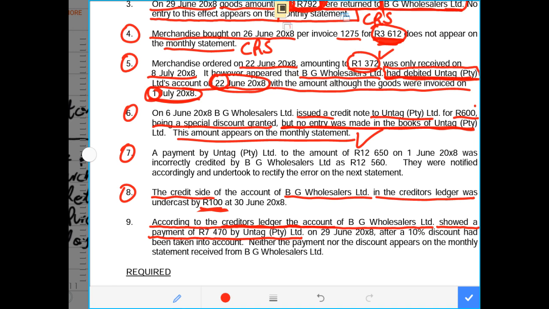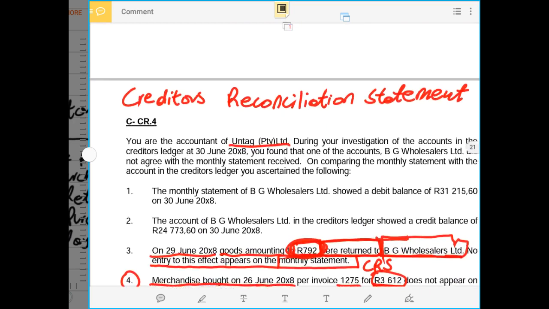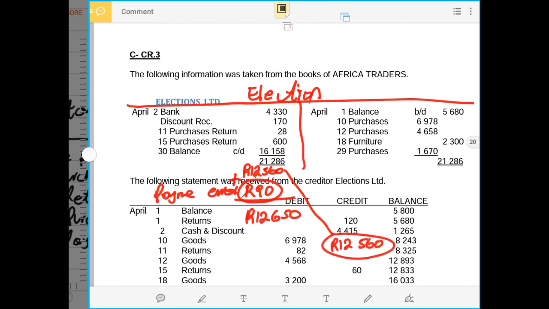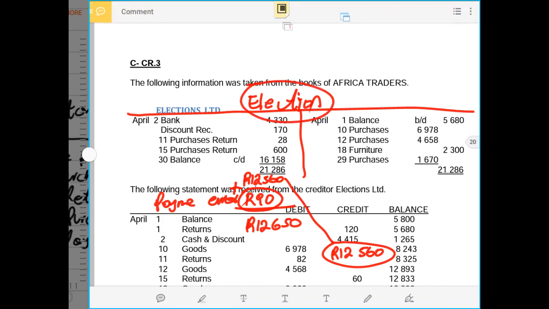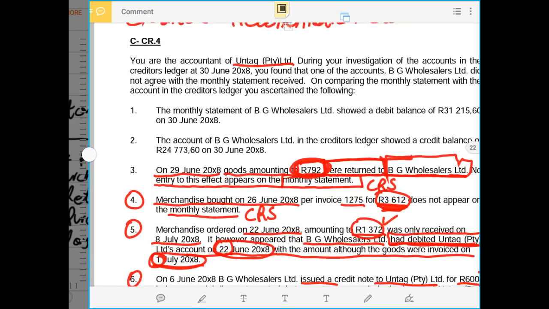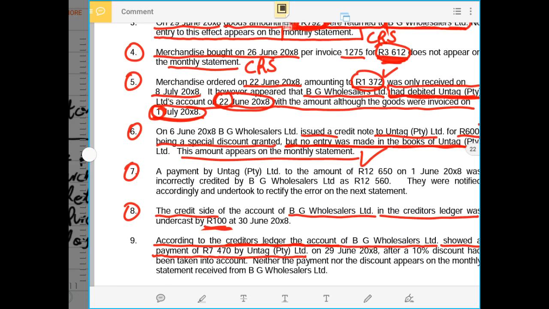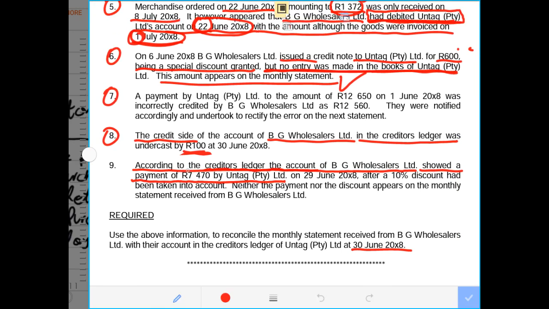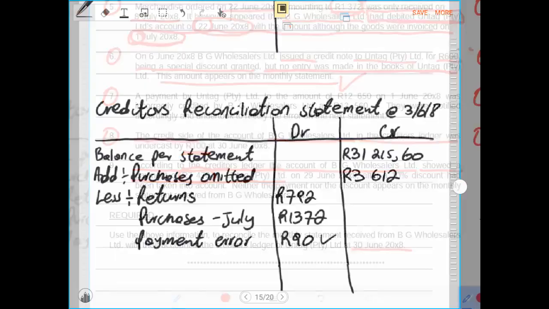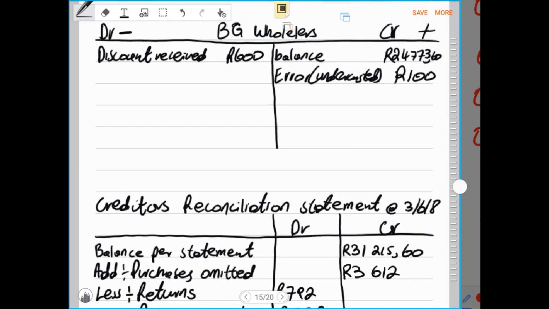And when I'm saying our records, I'm referring to this ledger account, which previously was Election Ltd. So according to the ledger account, which in this case is Anteg, BG Wholesalers, it shows a payment of 7,470, meaning on the debit side there's a reflection of the payment where we say bank, because we are paying here BG Wholesalers.